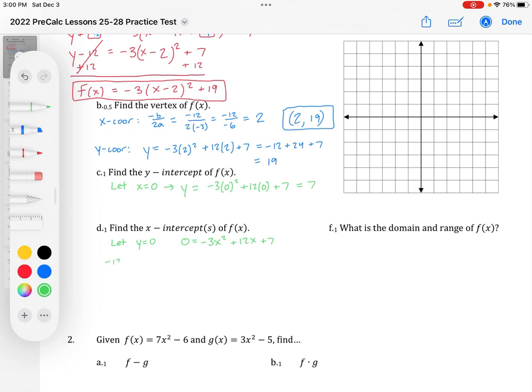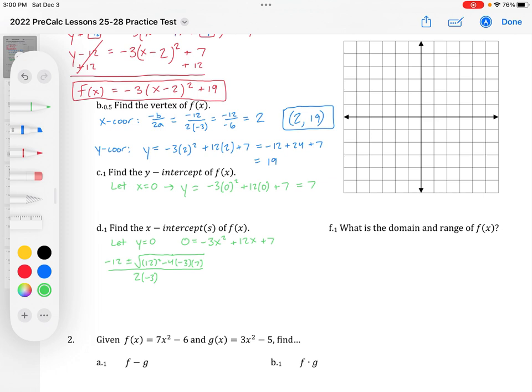So we have the opposite of b plus or minus the square root of b squared minus 4 times a times c. And then that is all divided by 2a, which is negative 3.